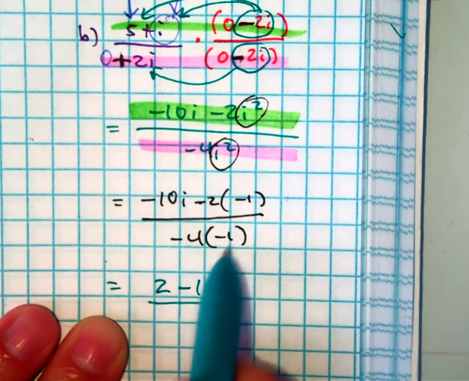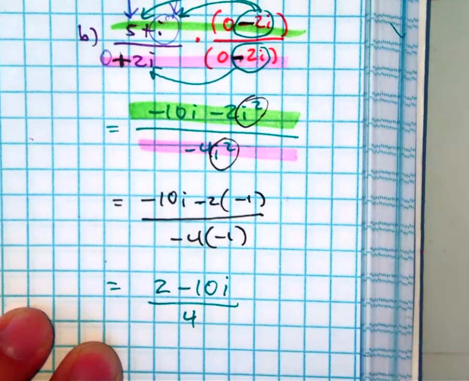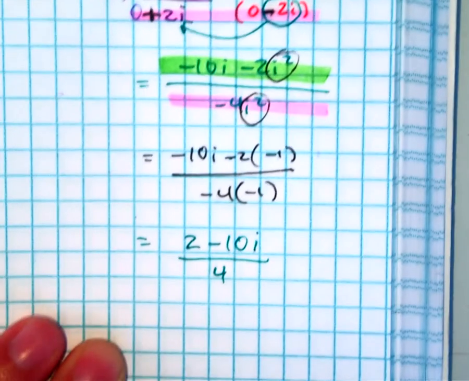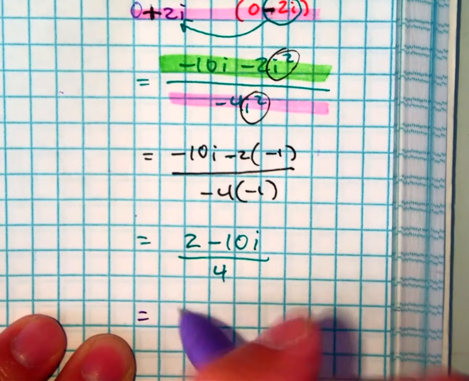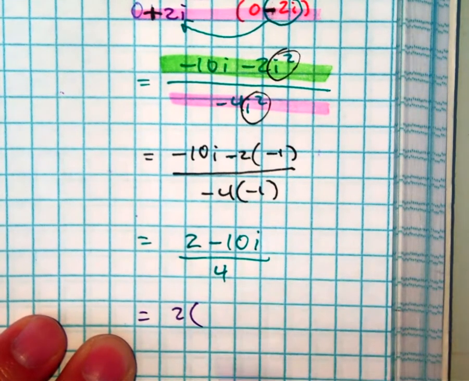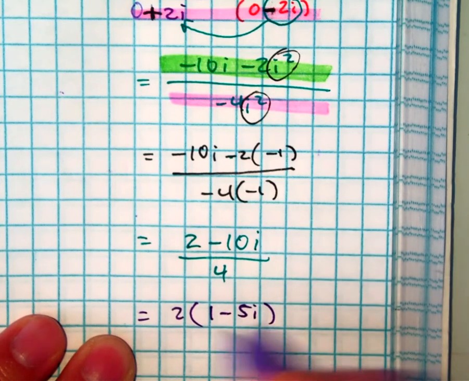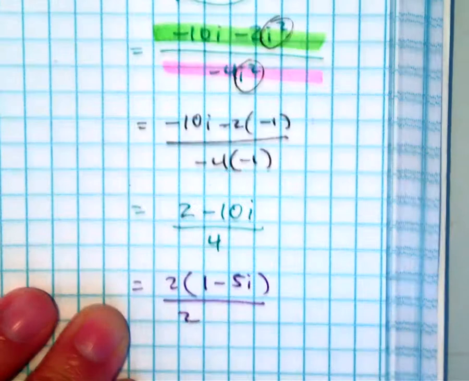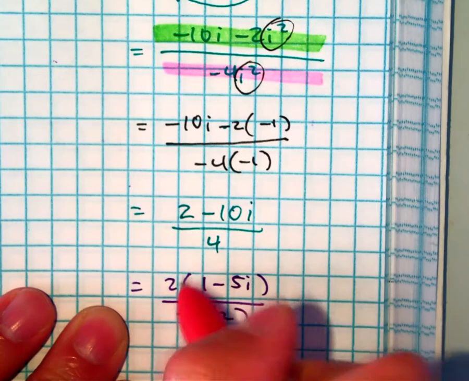And negative times a negative is... Class, if all the numbers here are even, what can we do? We can take out a greatest common factor. 2 times minus 5i. And 2 times 2. My 2's will cancel.